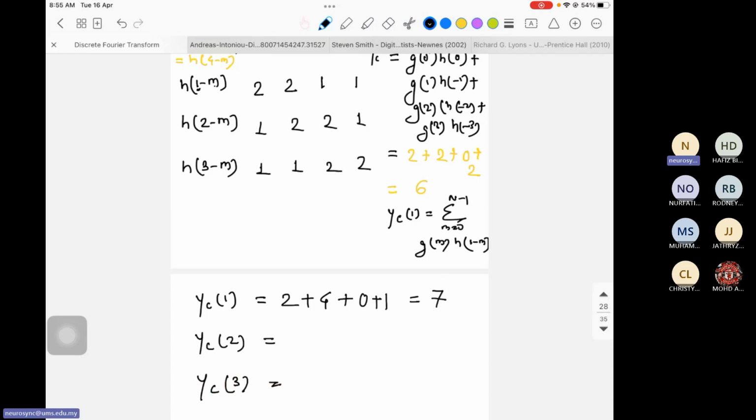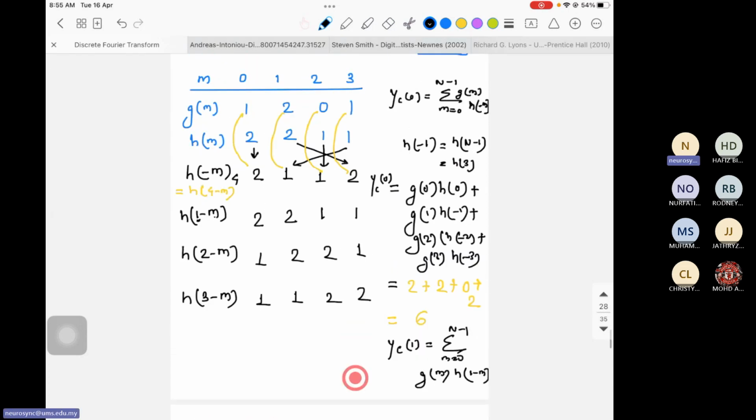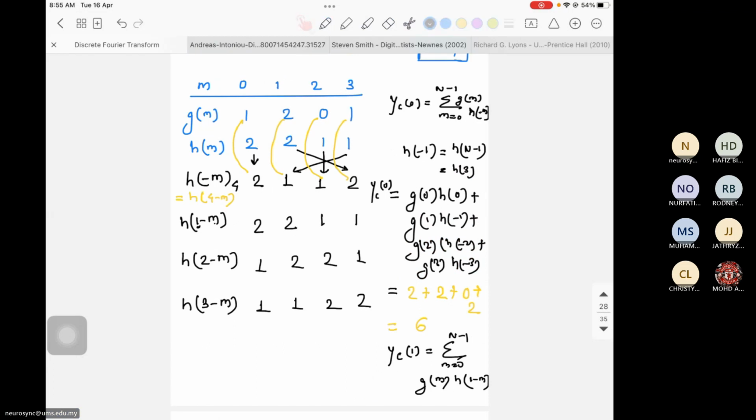Can you tell me what is the value of yc of 2 from this table? So yc of 2, I will say the multiplication of g of m into h of 2 minus m. Okay, so you multiply these values: 1 into 1 plus 2 into 2, 0 into 2, and 1 into 1.